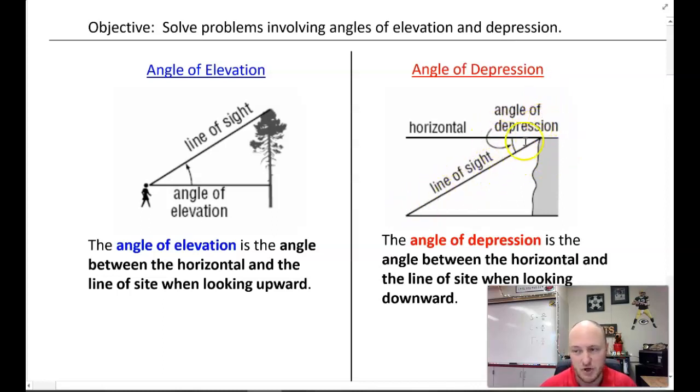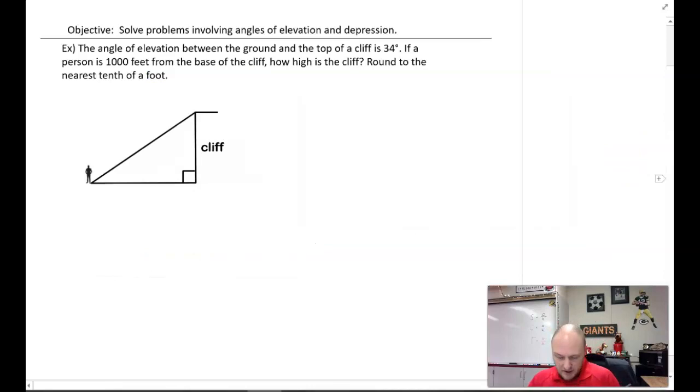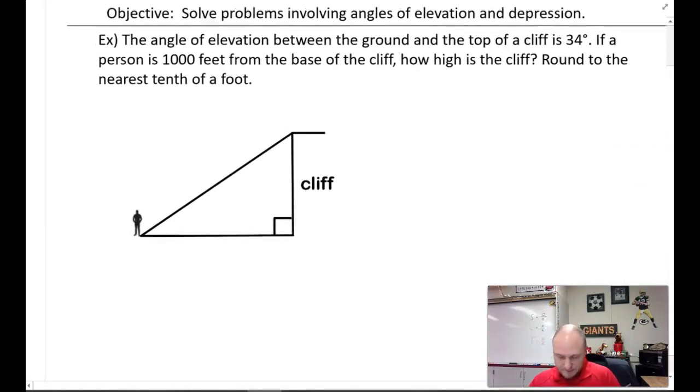Here is an angle of depression. Just a warning with angles of depression, they're not usually a part of the triangle, and when we get to angle of depression questions, I'll show you how we put those into the triangle. But whenever they give you an angle of depression, that's not a value usually in the triangle. Heads up.